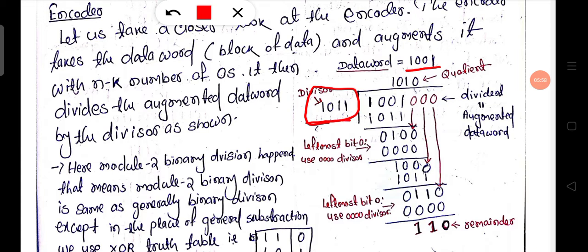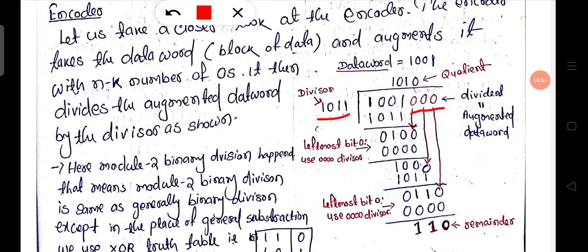That divisor is fixed and given to you in the question. From the divisor we know there are 4 bits, so we should add one less bit than the divisor. That means here the divisor is 4 bits, so we add 3 zeros to our data word.